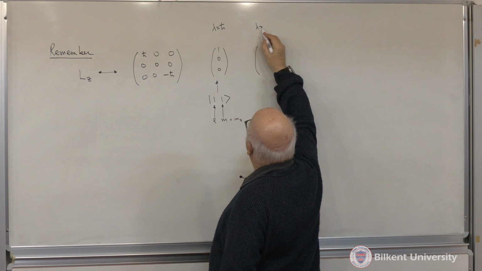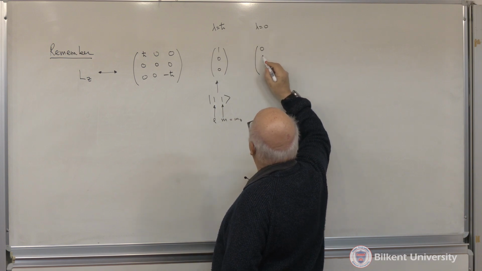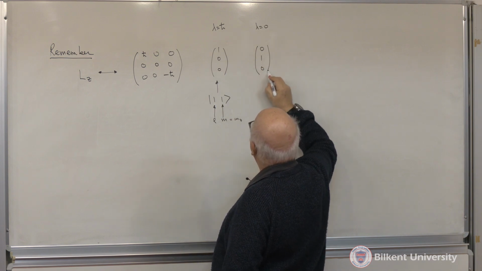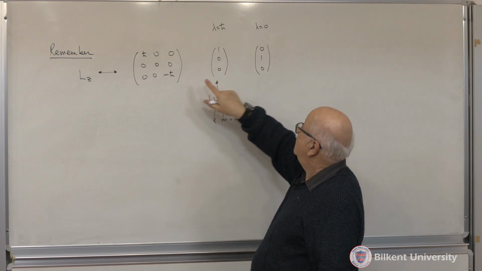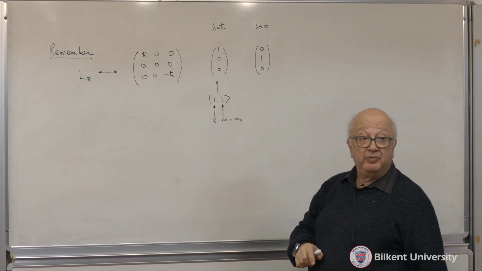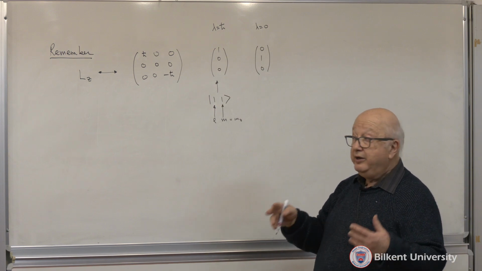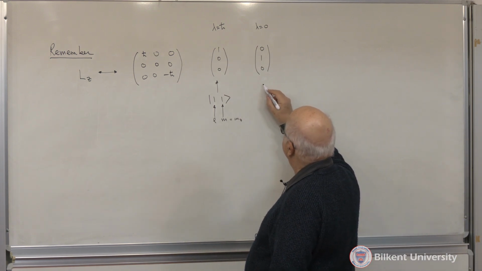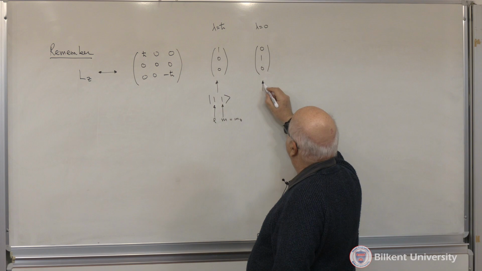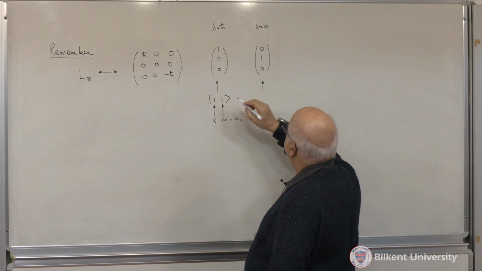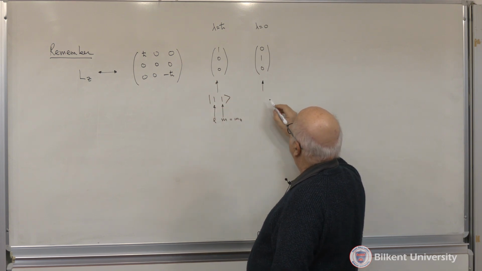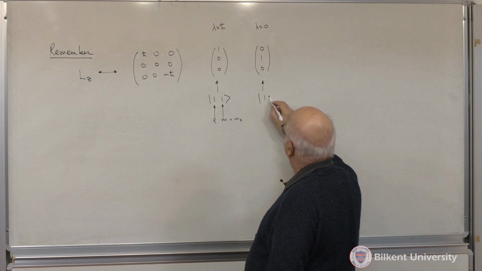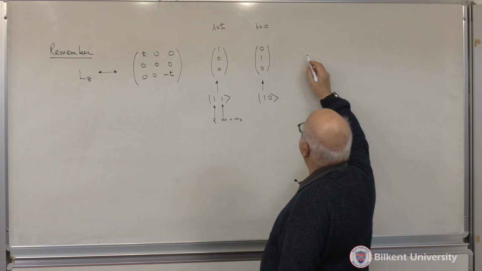If I look at lambda equals 0, that's 0, 1, 0. If I multiply the matrix with that, I get 0 times the same thing. So when you are working in the own basis of the operator, since the operator is diagonal, it's very easy to find what these eigenvectors are.